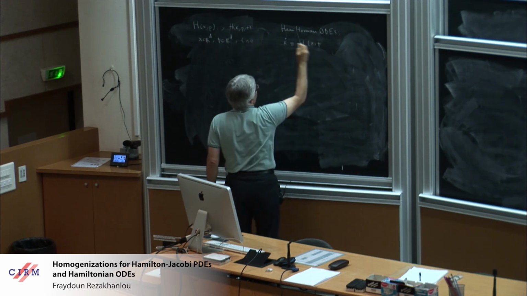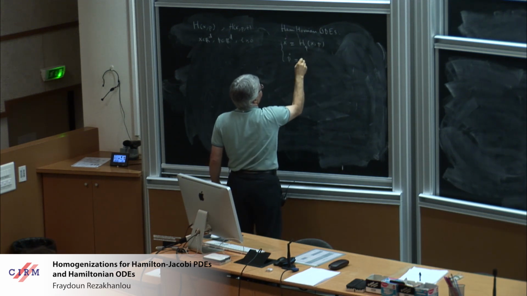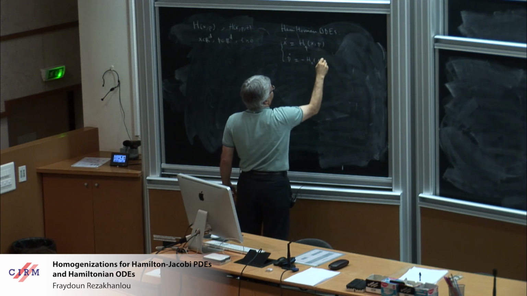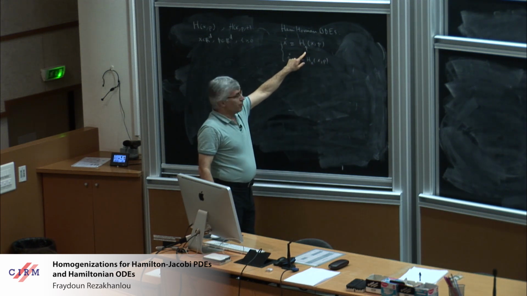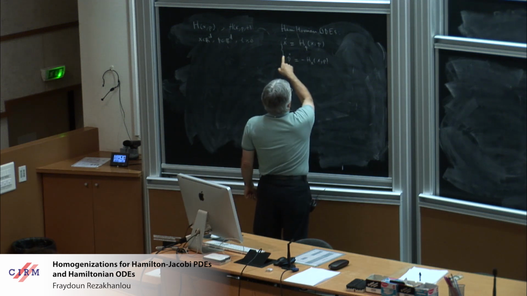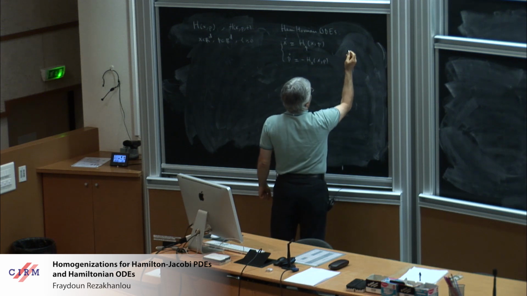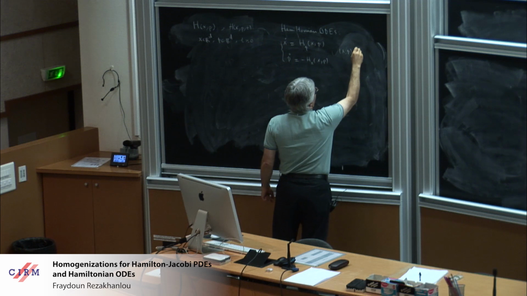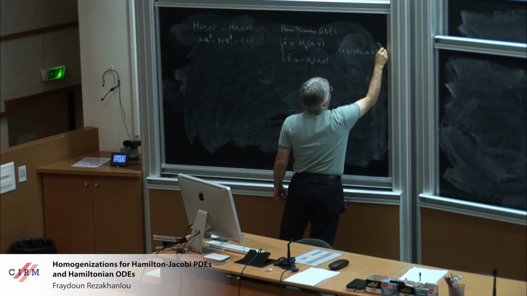Let's forget about the dependence on time for simplicity. By sub-indices, I mean partial differentiation. And you would like to solve this ODE for some initial condition. So let's say x and p at time 0 is some vector a, which is in R^2d.